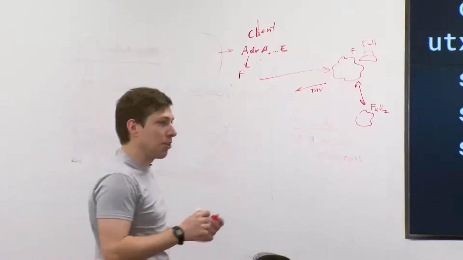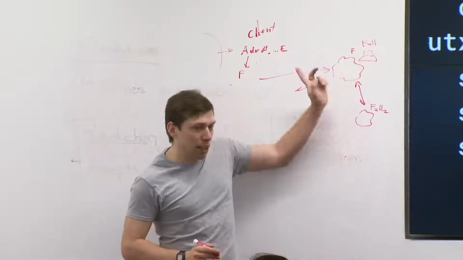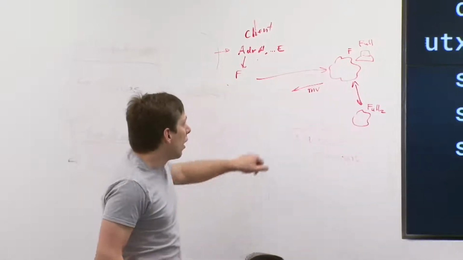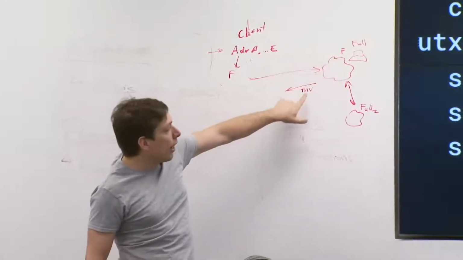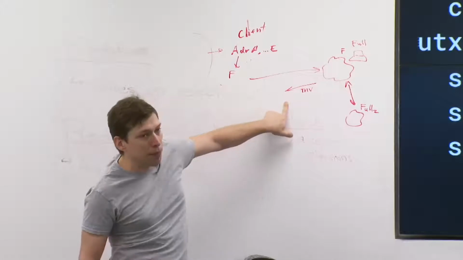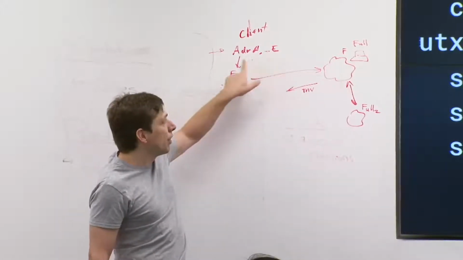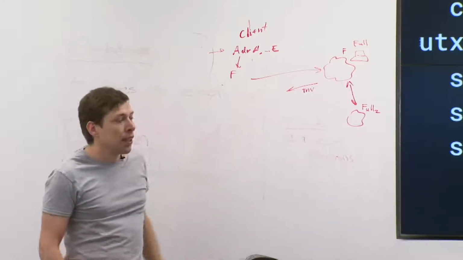If they see a transaction and it's valid, there's nothing wrong with it, they'll just send it to each other to propagate transactions throughout the network so they can get mined later. However, if a filter has been loaded, it says, okay, I will only send you inv messages that match this filter. So if there's a transaction that doesn't have any of these 5 addresses as an output, I'm just not going to send it to you.